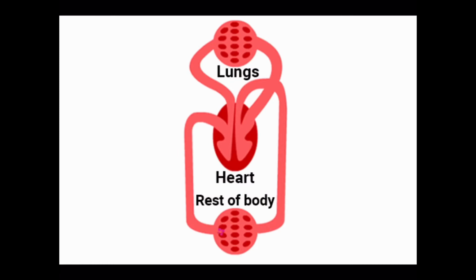So here you can just quickly have an overview of the double circulatory system, and if you just focus on those 4 units, you can see how they pass through this double circulatory system, where it's pumped to the lungs, becomes oxygenated, flows back to the heart, and from the heart oxygenated blood is pumped around the body, and then back to the heart, back to the lungs again, and the whole system is repeated in this way.